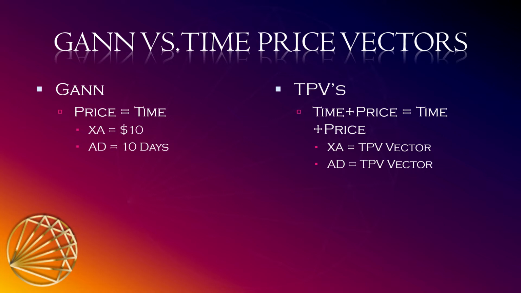All we do is take time and price, blend the two together on the AD leg, and come up with a TPV vector on AD compared to XA. If the AD vector is 100% of the XA vector, then we can expect to see a reversal.